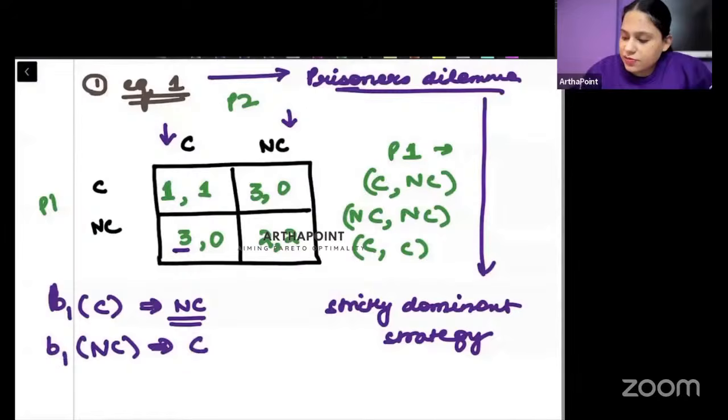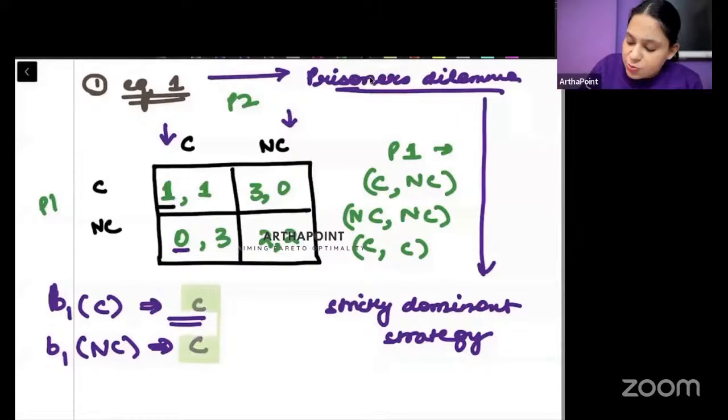I think I have written the payoffs. This was the last one, I think. This will be 0,3, sorry. So this will be to commit to crime, and here also it will be to commit to crime. So we saw that when it is a prisoner's dilemma, the best response of player 1 is not changing when the best response of player 2 is changing.